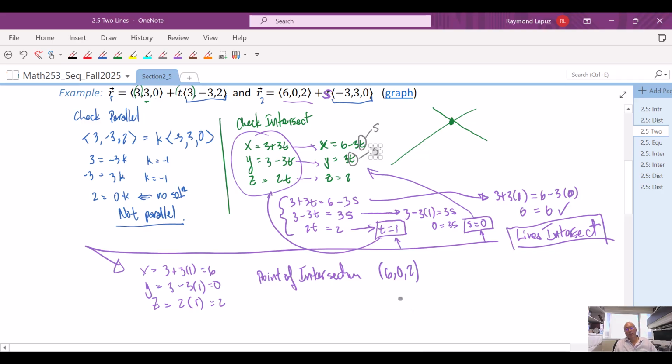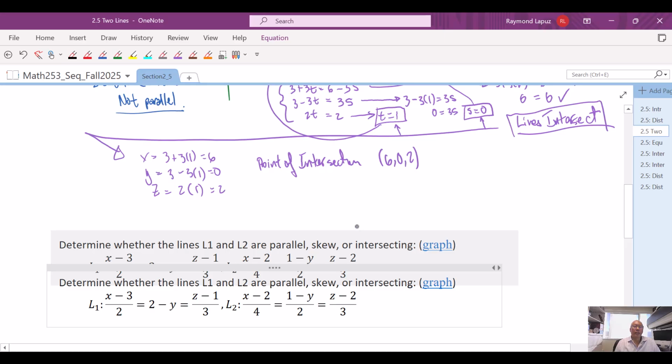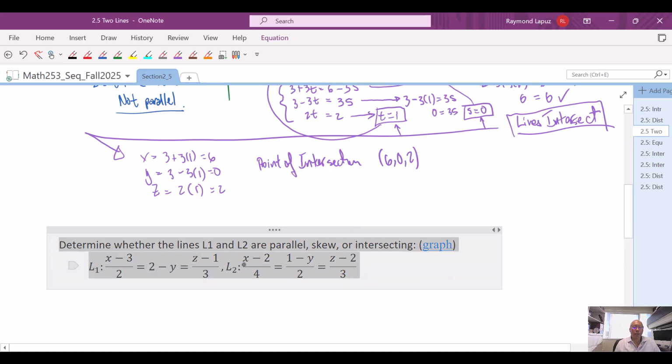Okay. Let's do another problem just for the sake of contrasting, where you have your lines written in a different form. This is our symmetric form of the line, and let's see how we can work with that.